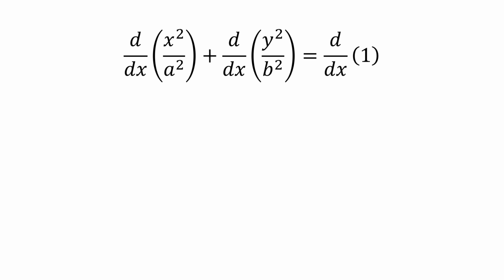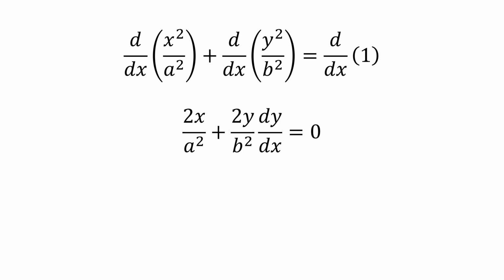Putting all this together, we arrive at an algebraic equation of 2x over a squared plus 2y over b squared times dy by dx equals 0. We now algebraically solve for dy by dx.